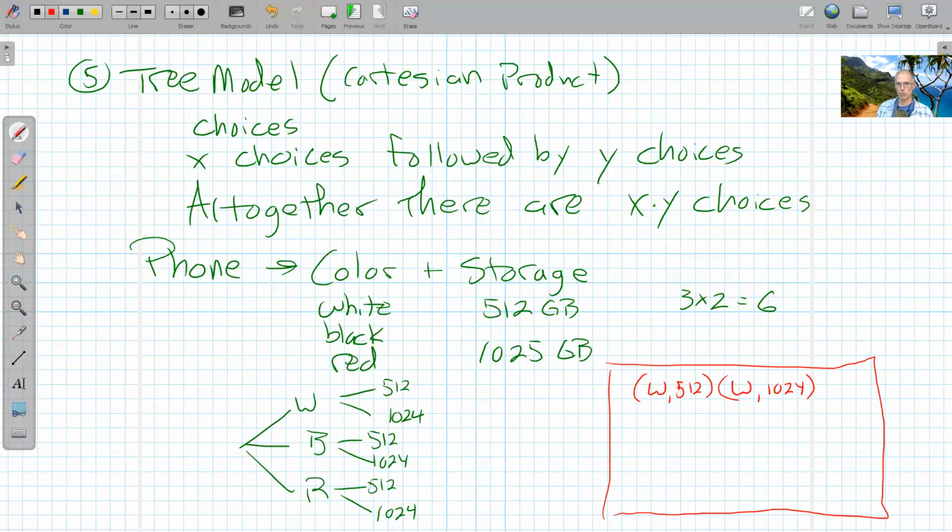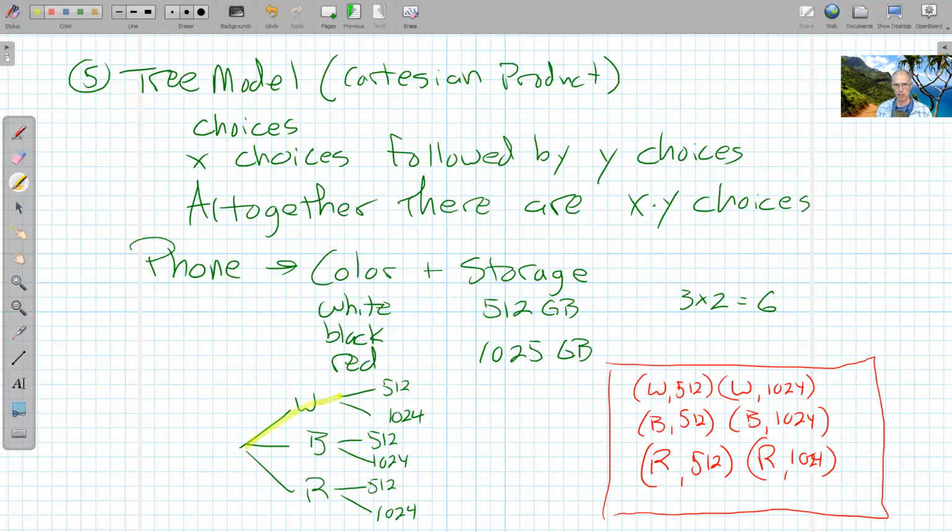But I could have gone with the black one with 512, or the black one with 1024. Or I could have gone red, with 512, or red with 1024. And they're often listed in parentheses like points. But these are each of the different results that I get when I follow through one of these branches.